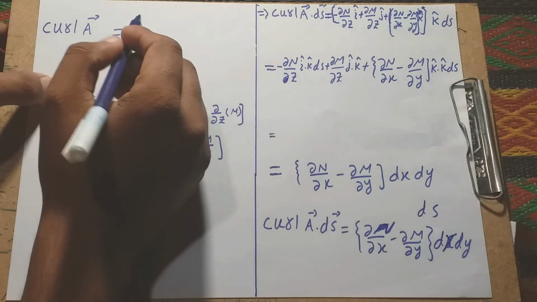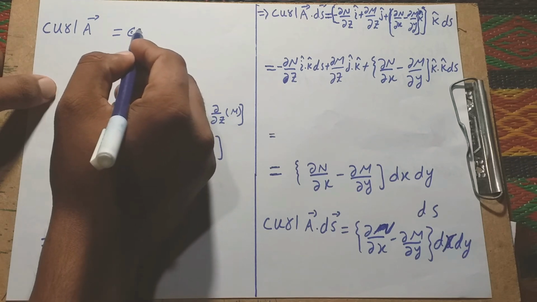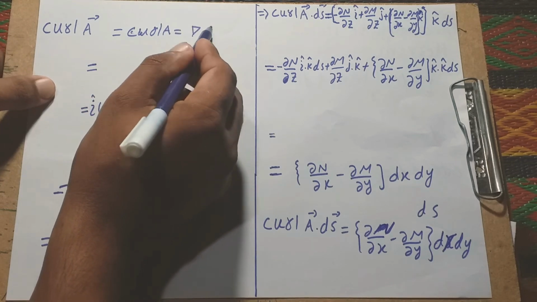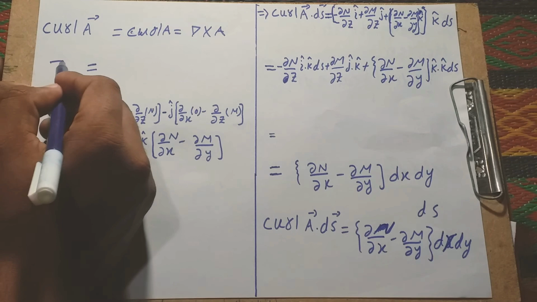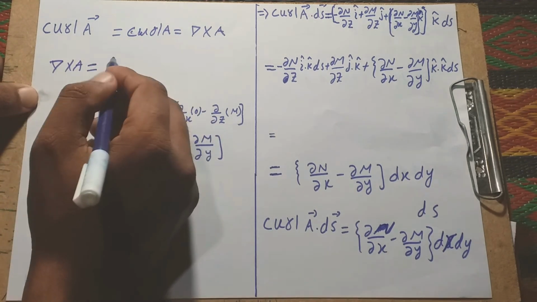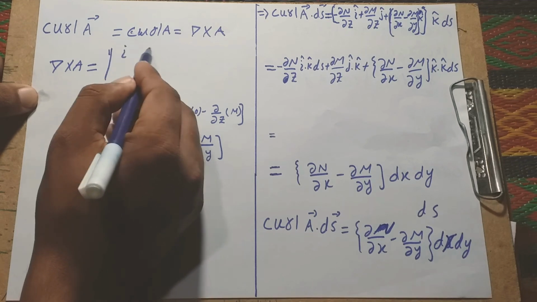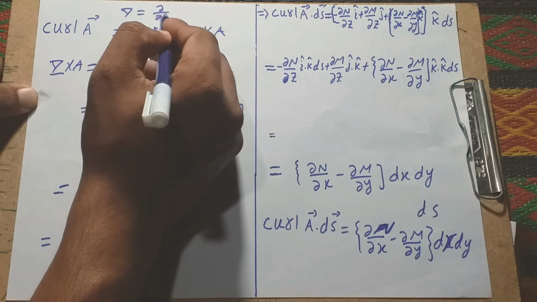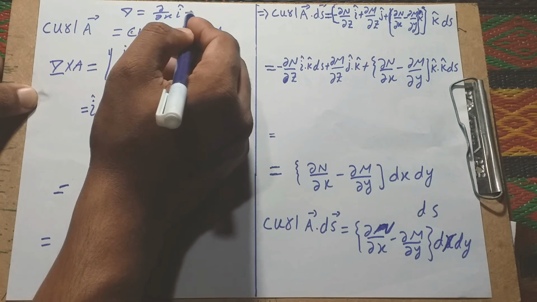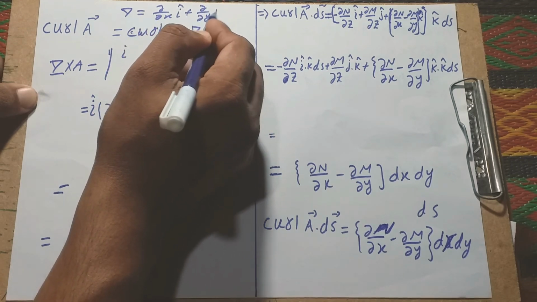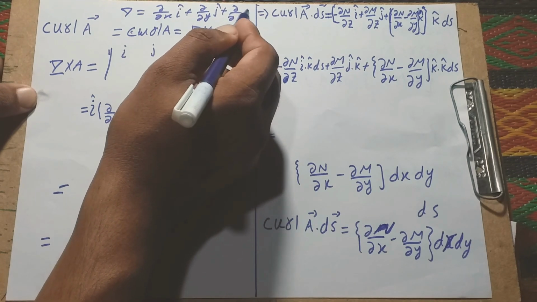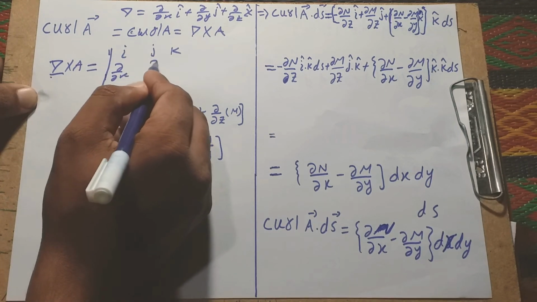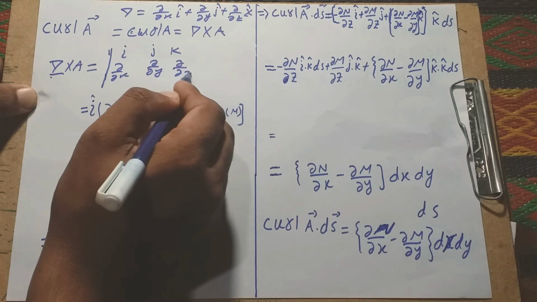Now curl A is also equal to del cross A. What is del cross A? It is the determinant of i, j, k, then del, and A. Del exists in three dimensions: partial over partial x with unit vector i, partial over partial y with unit vector j, and partial over partial z with unit vector k.